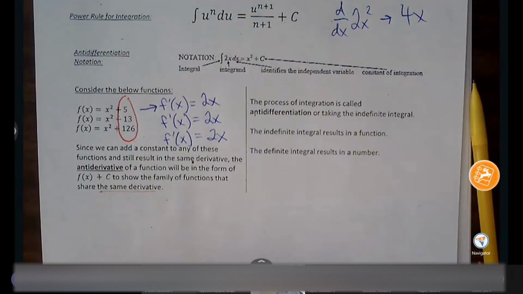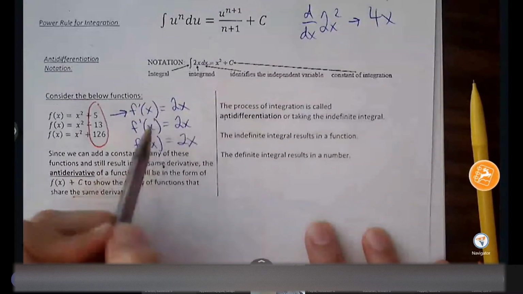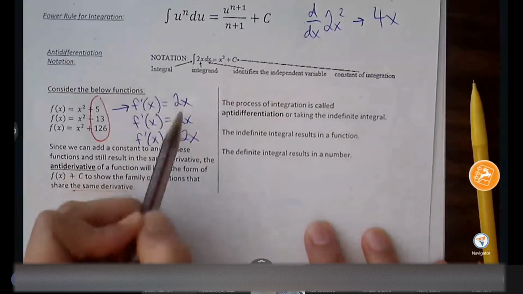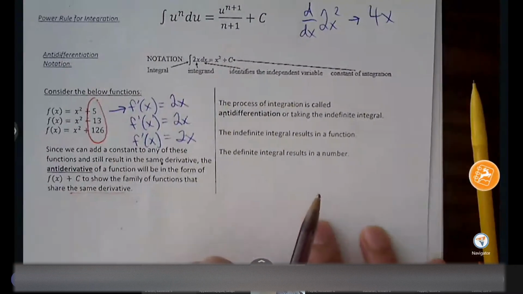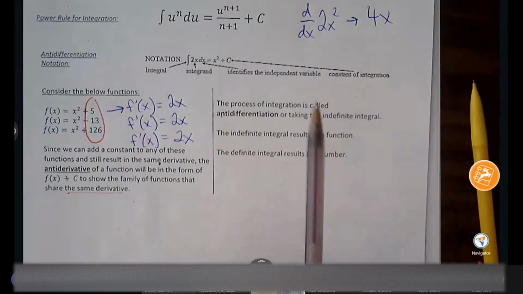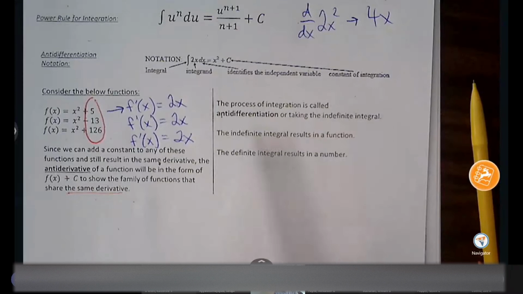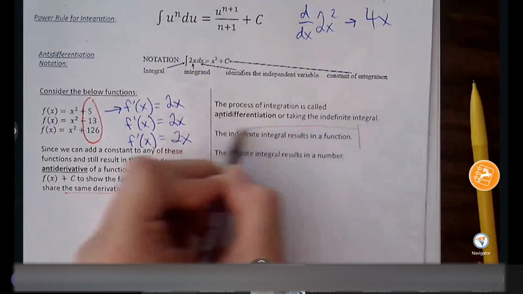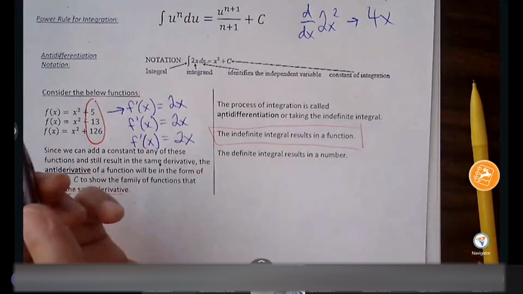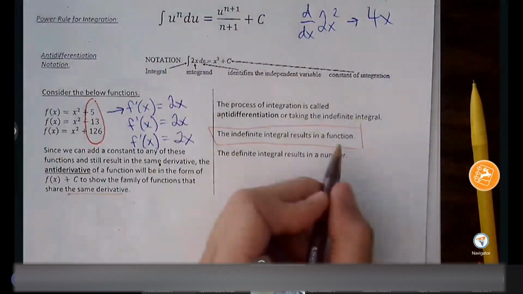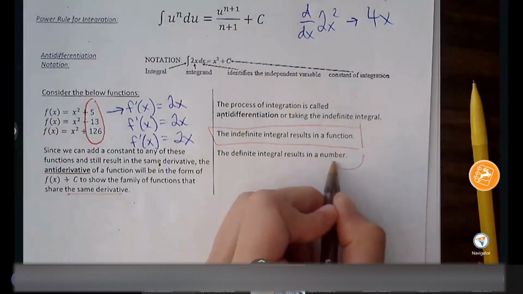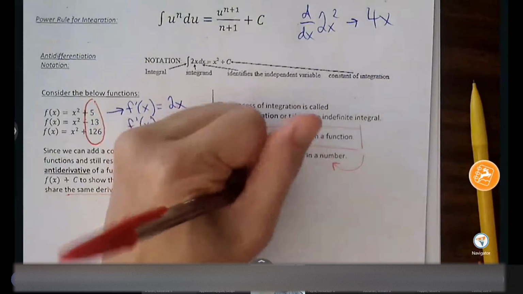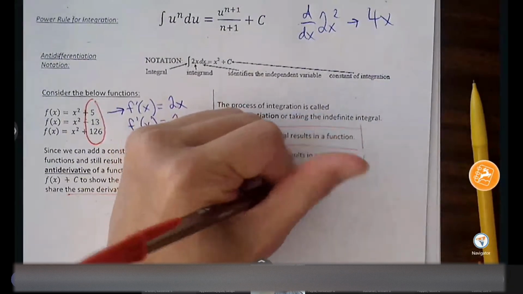Okay. All right, so that's why we have that plus c show up whenever we're going backwards with that process. Okay, so the process of integration is called anti-differentiation, or taking the indefinite integral. The indefinite integral results in a function, so we're going to focus on this initially. And then later on, we're going to take this process and use it to find area-related information.